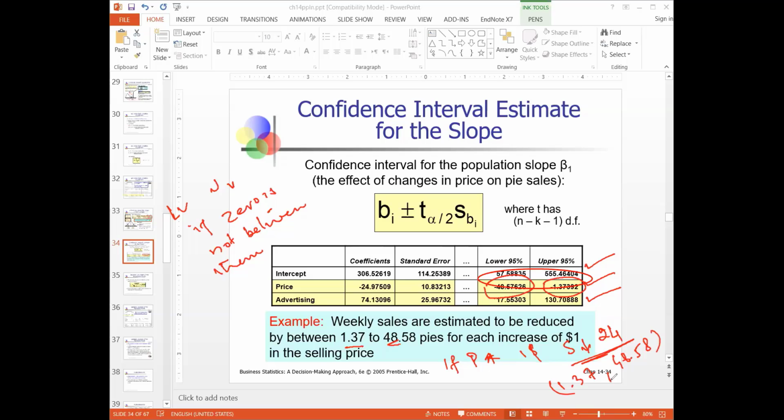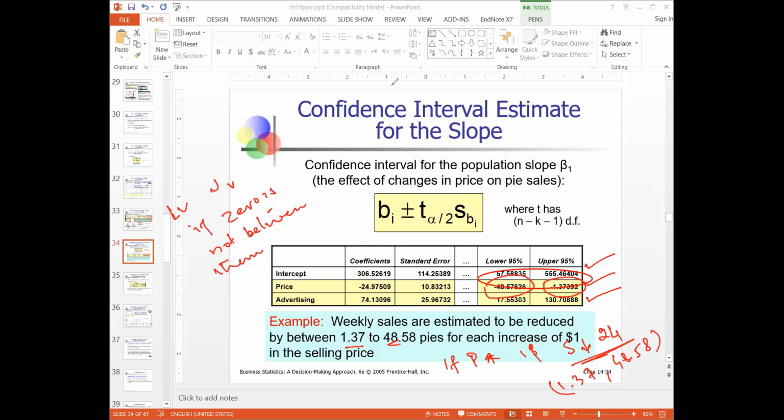So it is telling us that, for example, if this price is increased $1 by 100 different sellers, the demand will decrease between minus 1.37 and 48.58, 95% of the time.